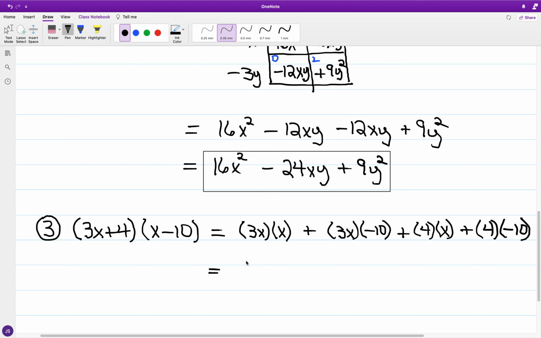So for the first product, this will come out to 3x squared. The outside product is minus 30x. The inside product is 4x. And the last product is negative 40.